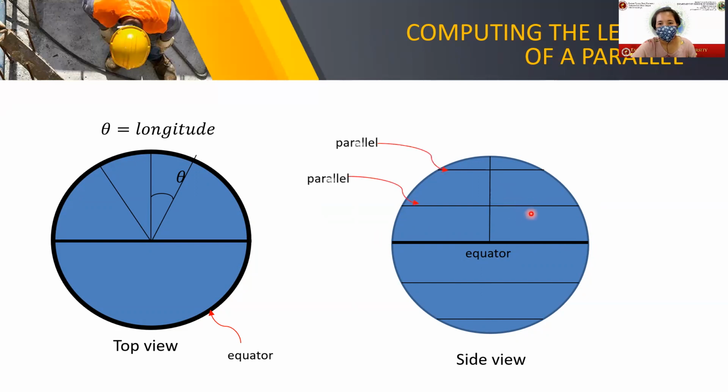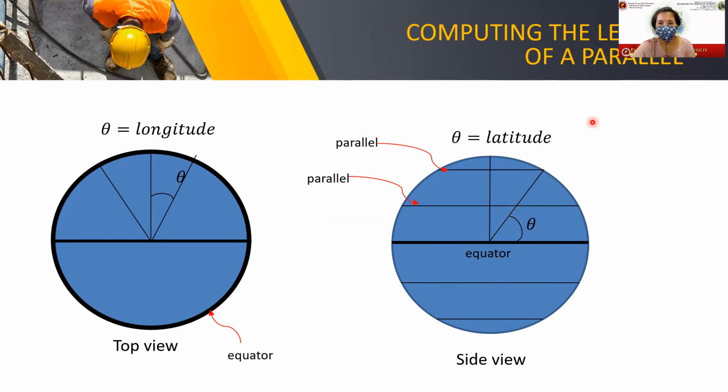So this line, which is parallel to the equator, diba? Several lines along here and several lines along here. These are called the parallels, as long as they are parallel to the equator of the Earth. So the angle that is cast from the equator above, we all know that is what we call the latitude.